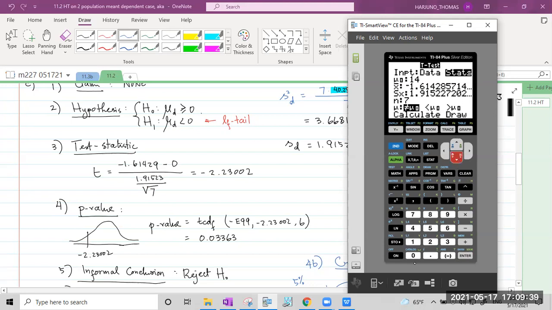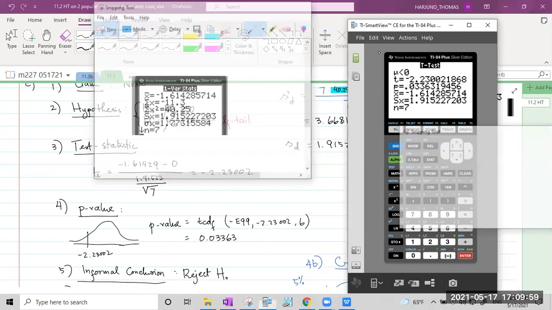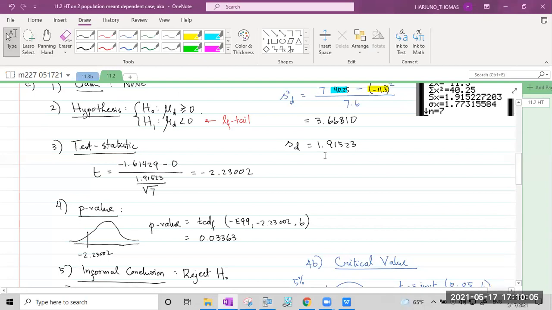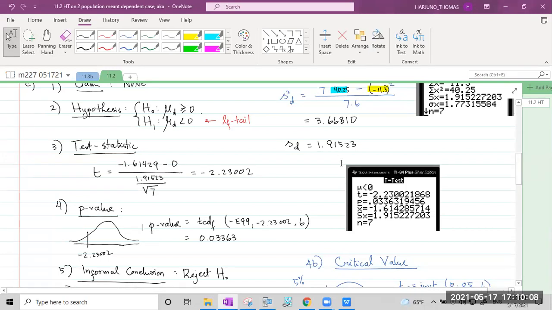The mu naught is 0. The x bar is, oh, they already do it for us. So x bar is this, sx is this, and we are doing left tail, right? This is what we get. You see our test statistic is this, our p-value is this. Confirm, right?